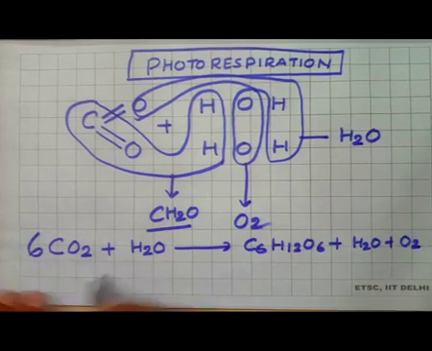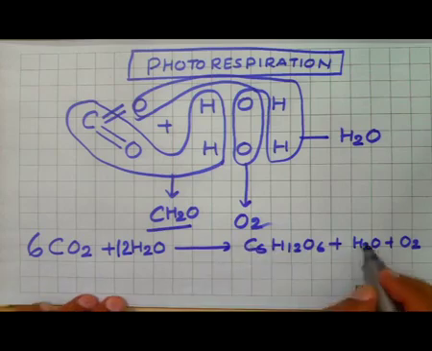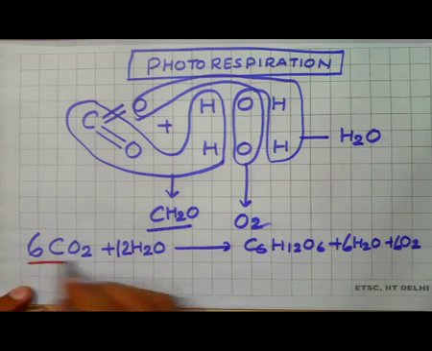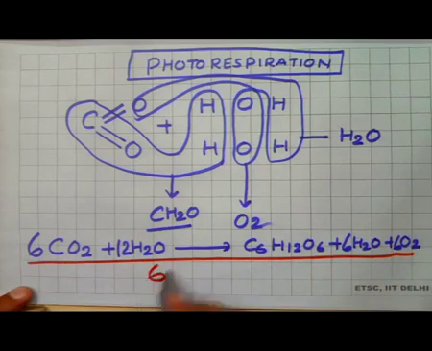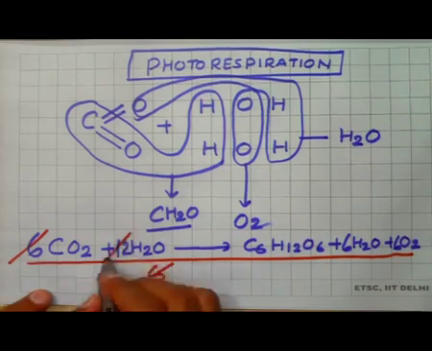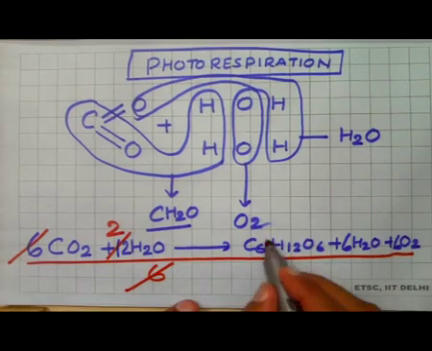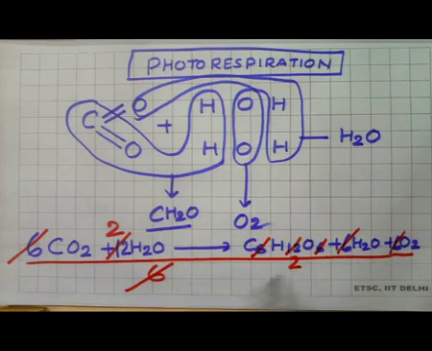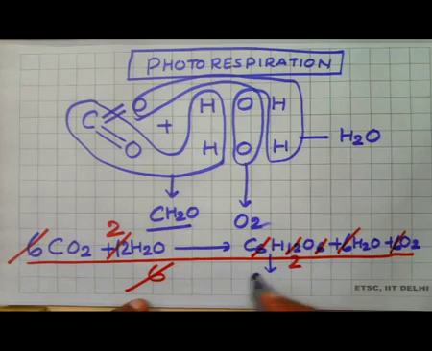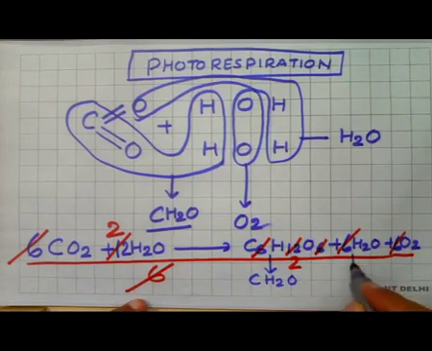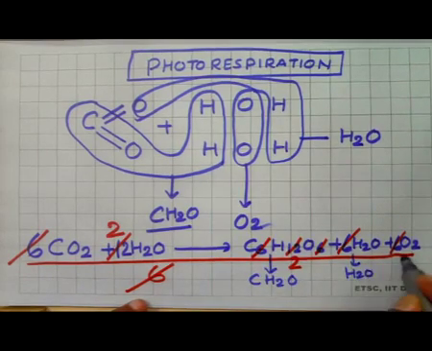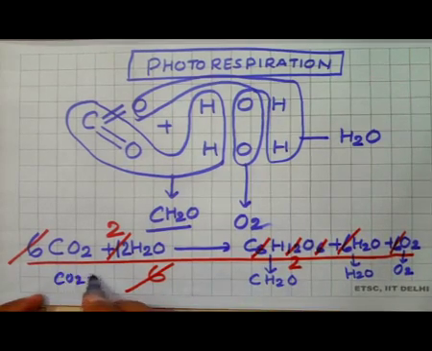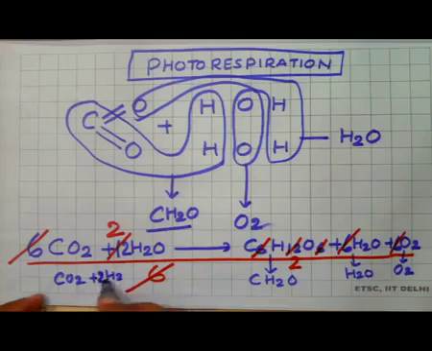When we balance it and divide by 6, this is CH2O, this is H2O, this is O2, here CO2 plus twice H2O.